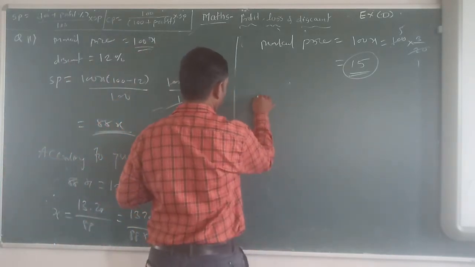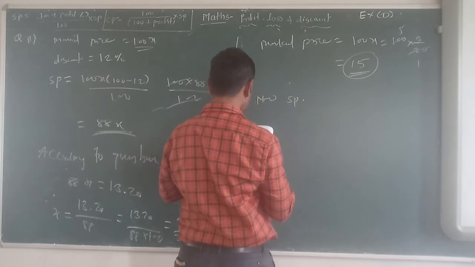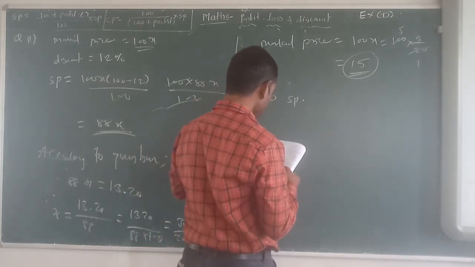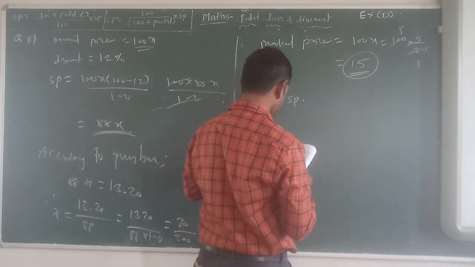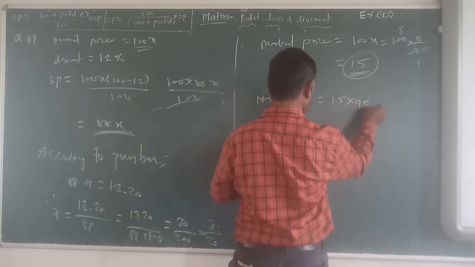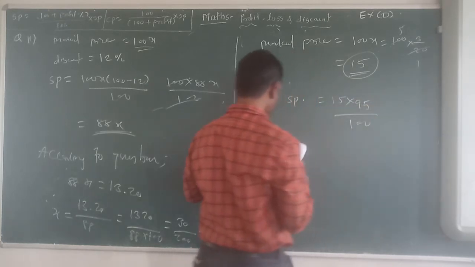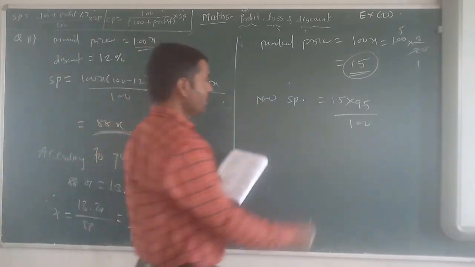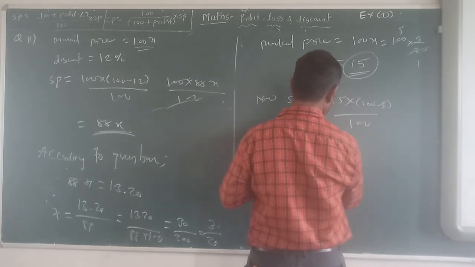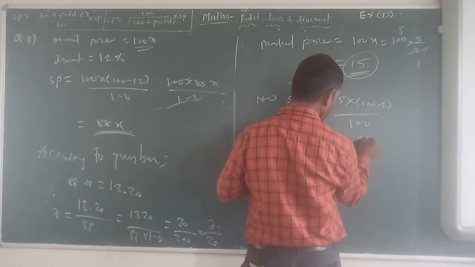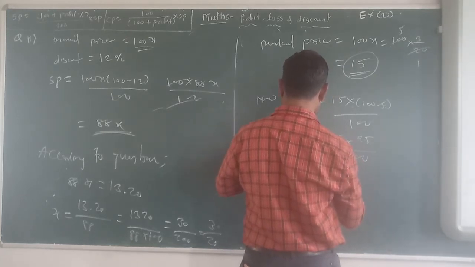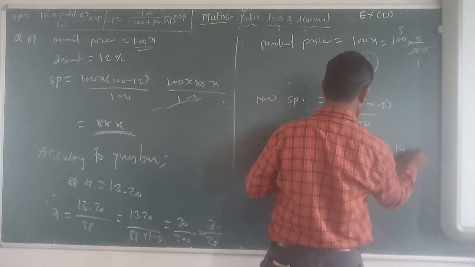Now we will find the new SP. New SP is equal to 15 into 95 upon 100. Why 95? Because of the 5% discount, we write 100 minus 5. So 15 into 95 upon 100 is 14.25.